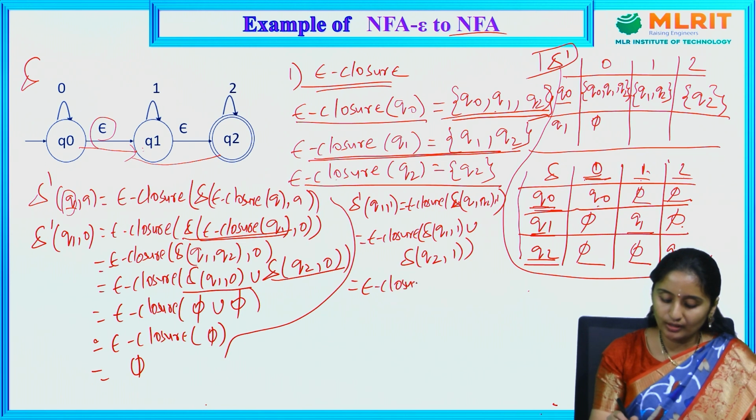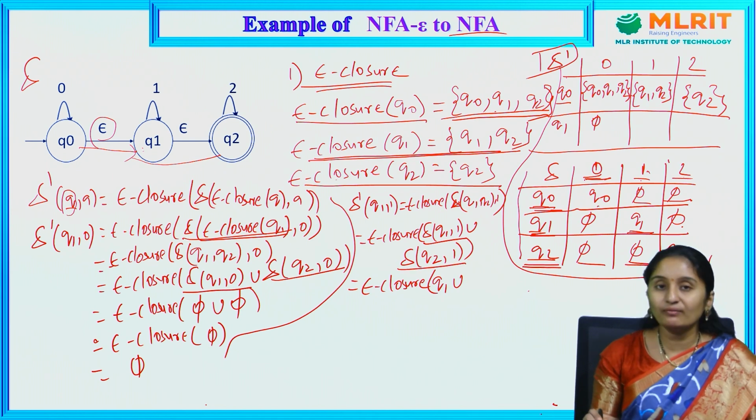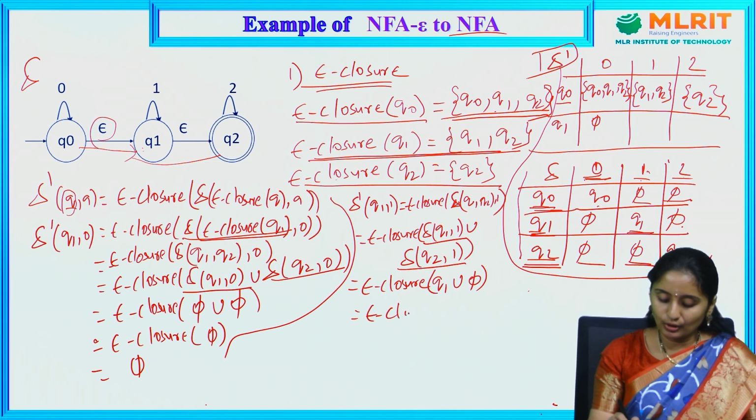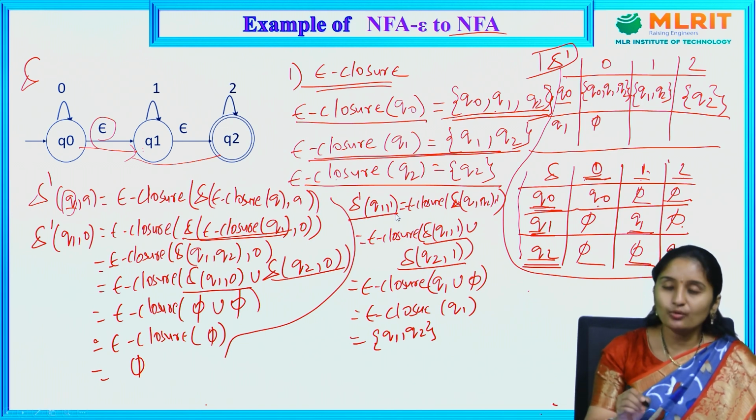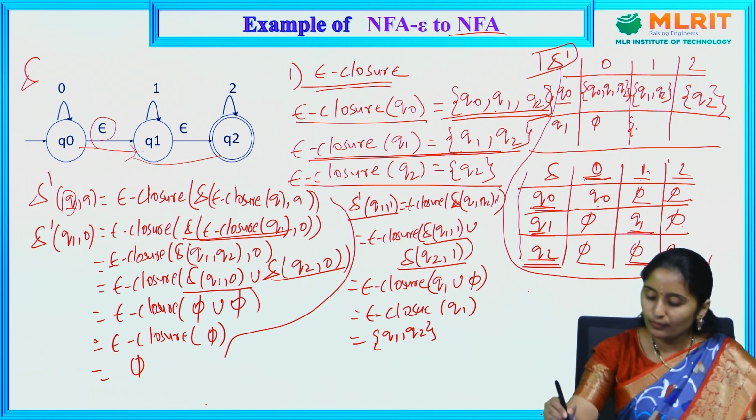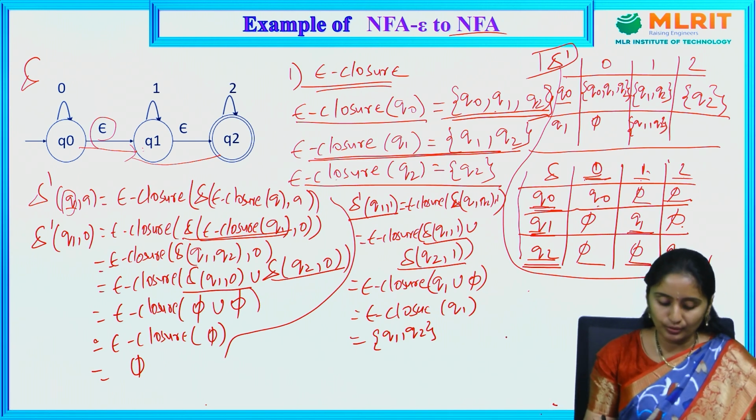Delta of Q1 comma 1 is Q1, union delta of Q2 comma 1, what I have? Pi. So Q1 union pi is nothing but Q1. What is epsilon closure of Q1? Q1 comma Q2. Q1 on input 1 is moving to Q1 comma Q2.